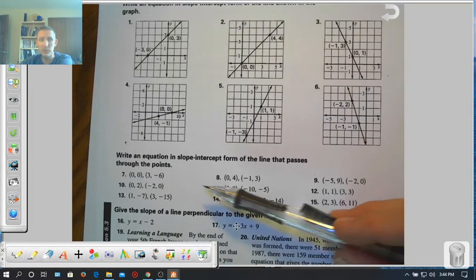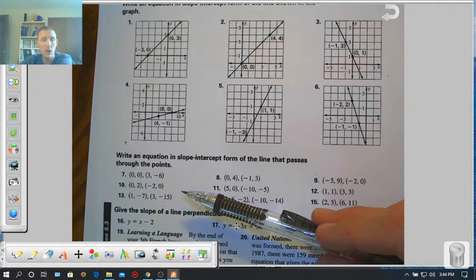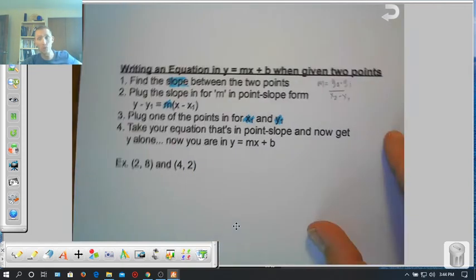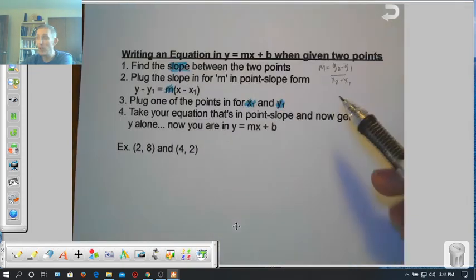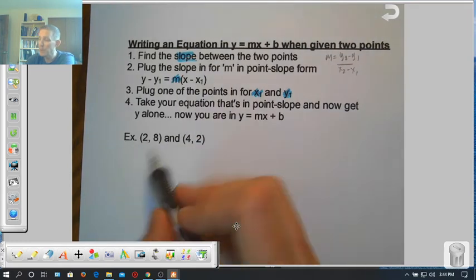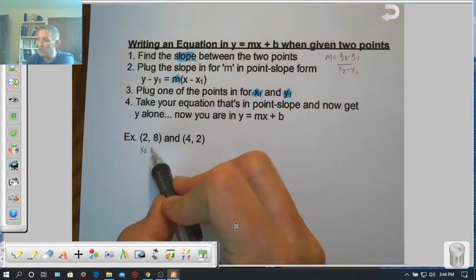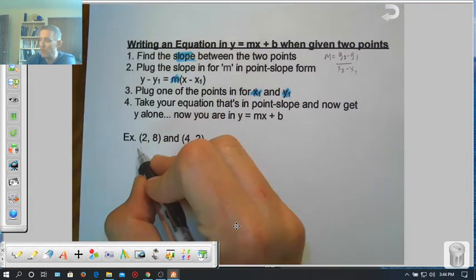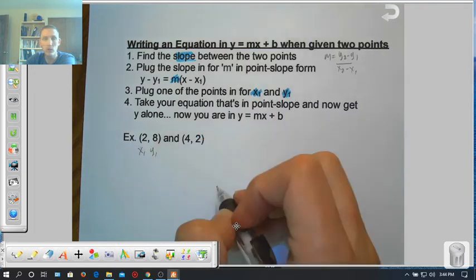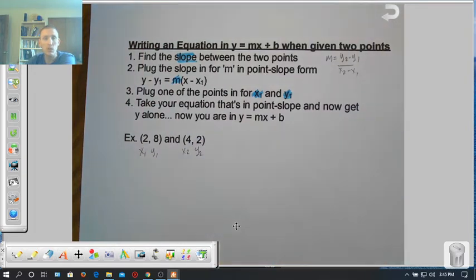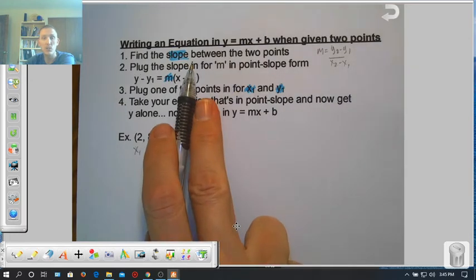Now the second half to your assignment, they give you the ordered pairs without the graph. Now you could graph them if you'd like, or we can use the slope formula. So let's go ahead and do an example using these 2 points from start to finish. The first thing I need to do is label my 2 points. So I've got x1, y1, and I've got x2, y2, because step 1 tells me that I need to find the slope.